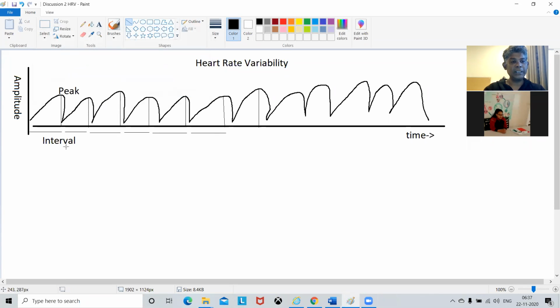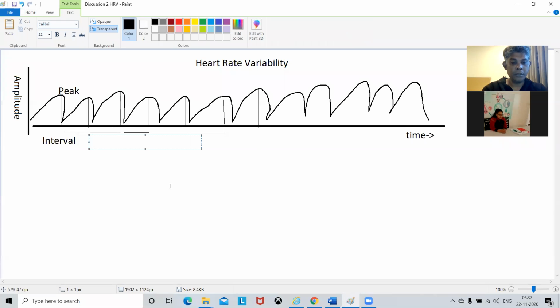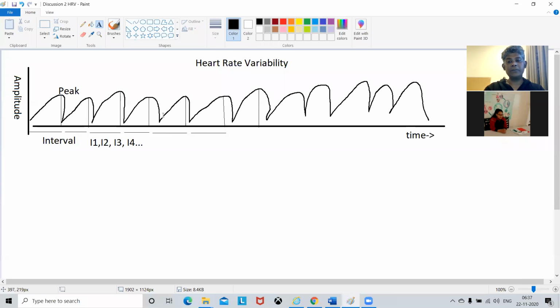Let us call these intervals I1, I2, I3, I4, and so on. These intervals are obviously in terms of time.